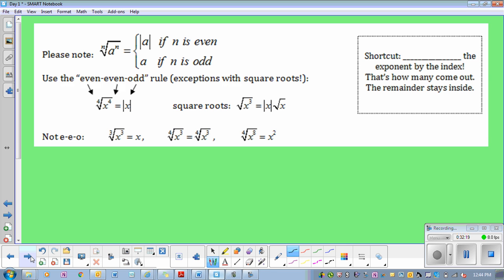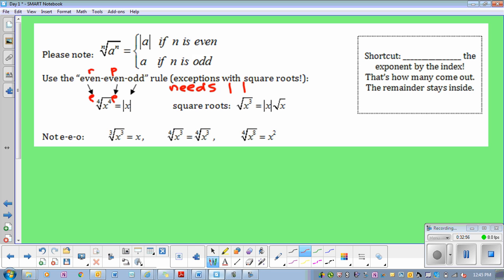The thing to remember is that even needs the absolute value, okay? I'm just going to show you, don't stress out. If I have the 4th root of x to the 4th, that's even.